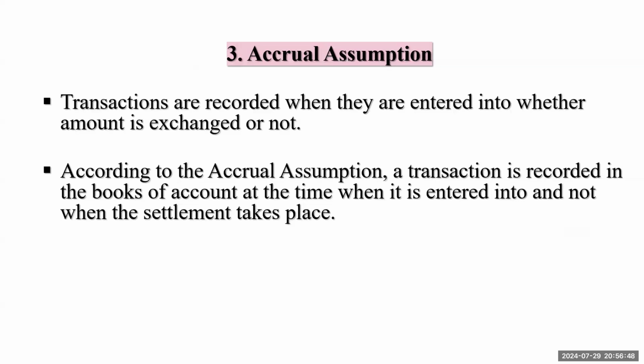But these concepts have some special position. These are considered as fundamental. And it means that you need not disclose in your financial statement whether you are following accrual, going concern, or consistency, if you are following them.